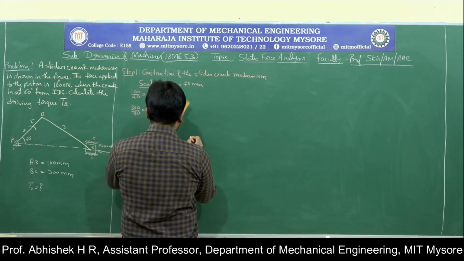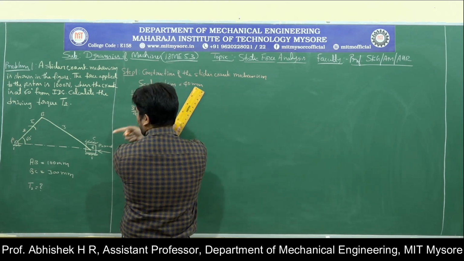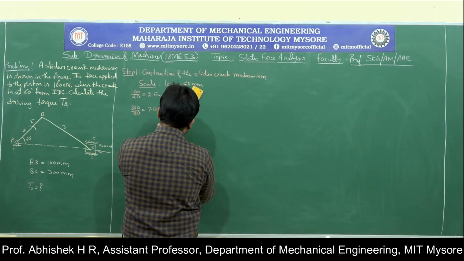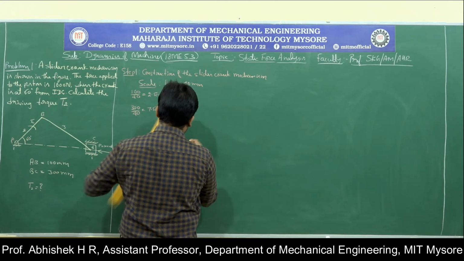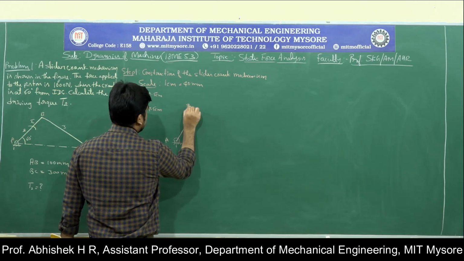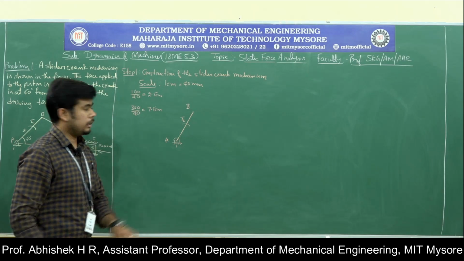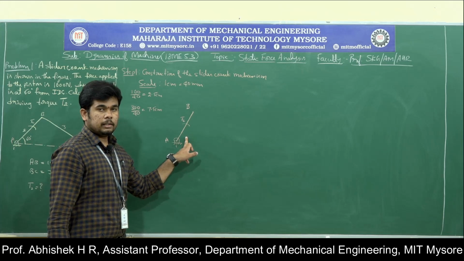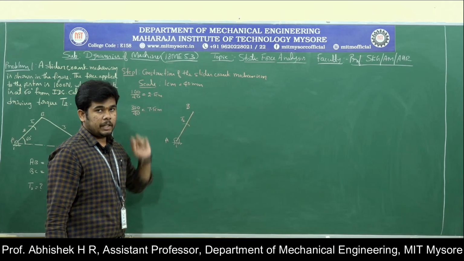Measure the 60 degree and mark it, and draw a line of AB, that is 100 mm, which is 2.5 centimeter. So this is B, where torque T2 is acting. This is AB, link 2 of 100 mm, and the converted scale is 2.5 centimeter.